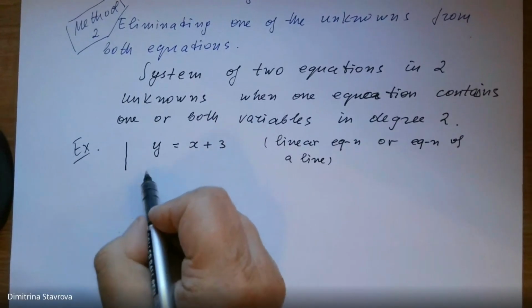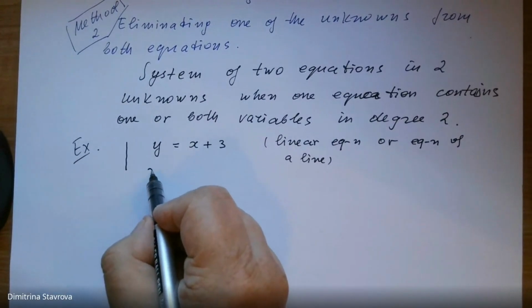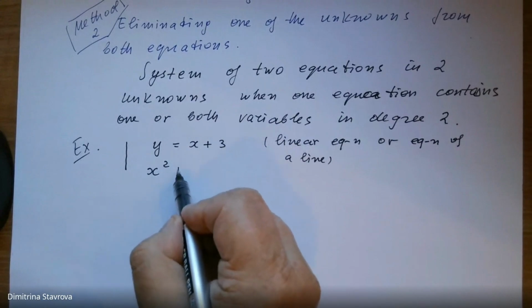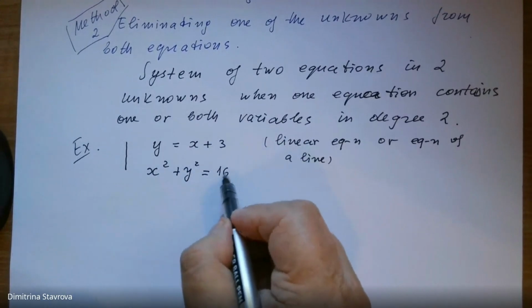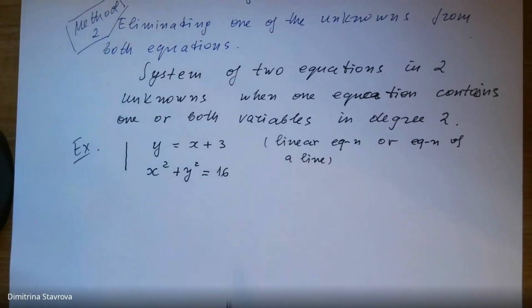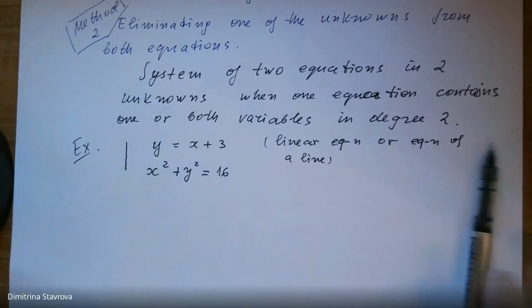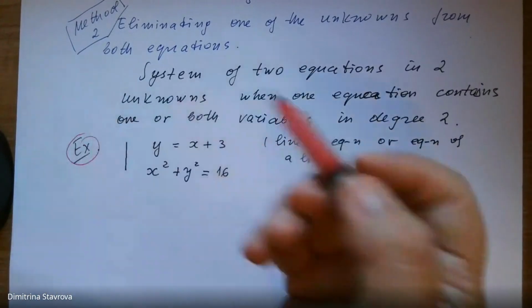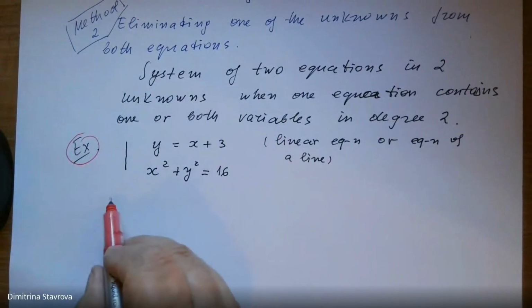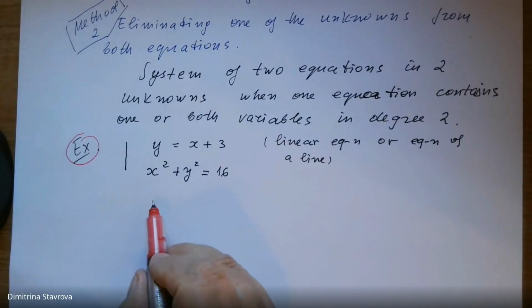Then let us look at the equation x squared plus y squared equals 16. Such a system you can learn and solve after a little bit more geometry.